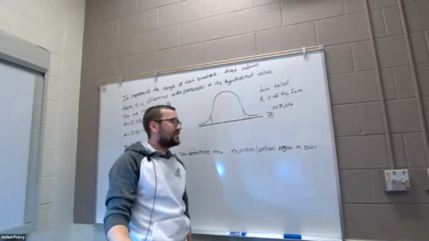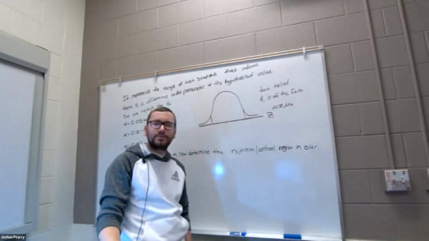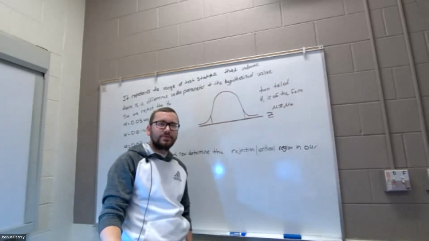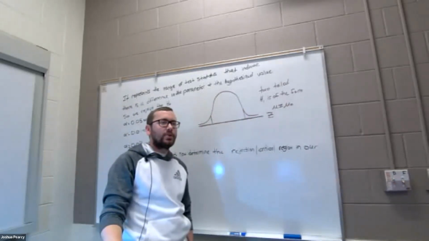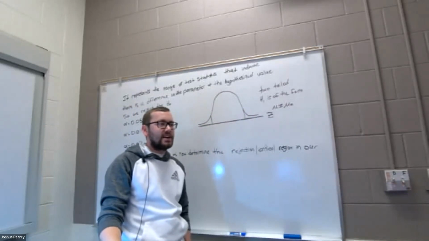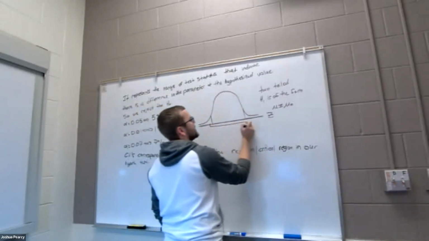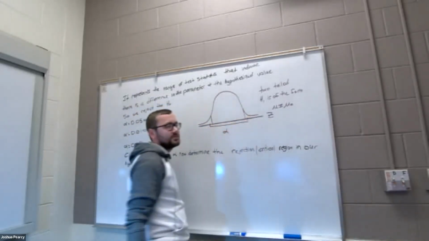And then what do you think the area in those two rejection regions added together will give you? What did it give us last chapter? Whenever we looked at the confidence level and the remaining area in the two tails, what was that value? Yeah, alpha. So the area in these two tails added together is going to give me alpha.